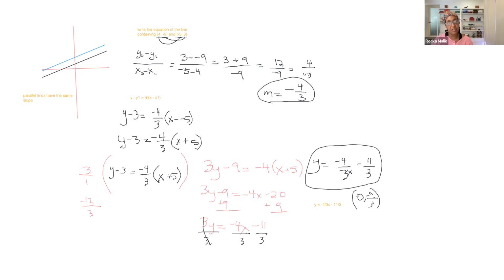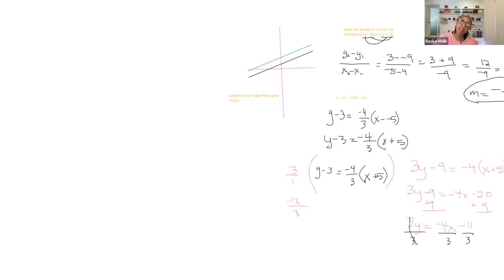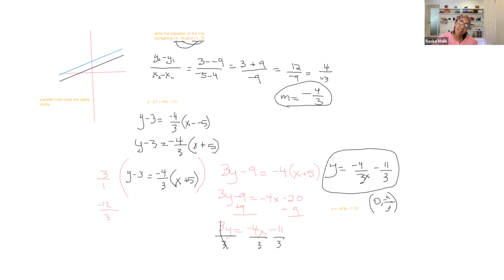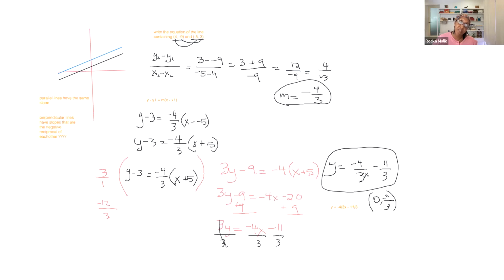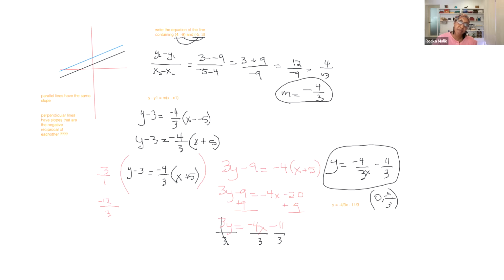Perpendicular lines have slopes that are perpendicular. Why do I keep doing that? Okay. A perpendicular slope is, you know, like when you come to a 4-way stop sign.